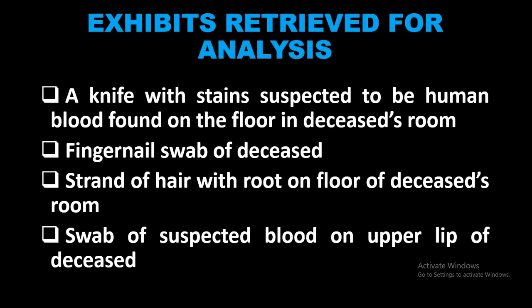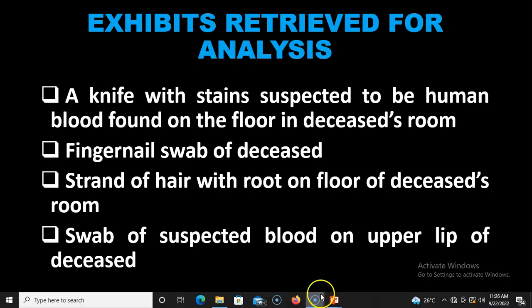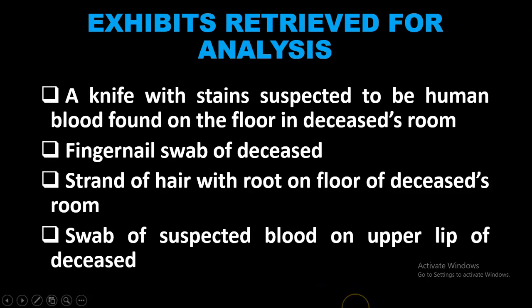So what are the various exhibits that police retrieved for analysis throughout the course of investigation? 1. A knife with stains suspected to be human blood, which was found on the floor in the deceased woman's room. 2. A swab beneath the fingernail of the deceased woman. 3.